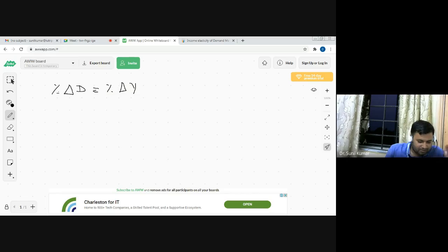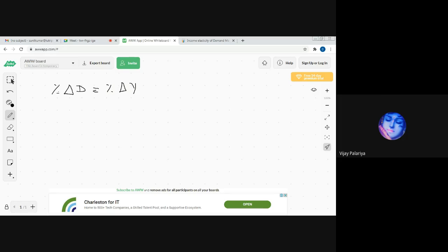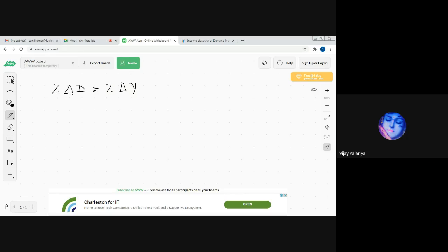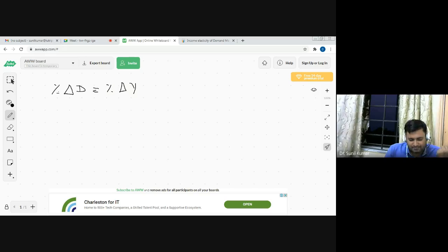Vijay, just you read once. An income demand curve having unitary income elastic indicates that the percentage change in quantity demand is equal to the percentage change in money income. That's what I have written, just you see the board.